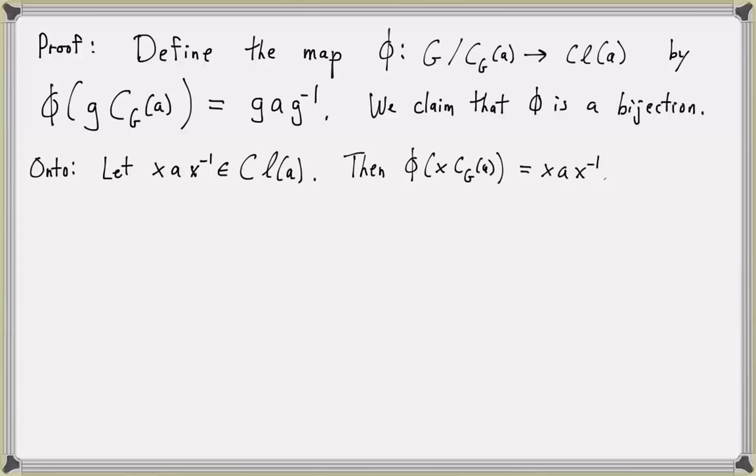So basically, by the definition of the function, it's onto. Now let's show that phi is 1-to-1.